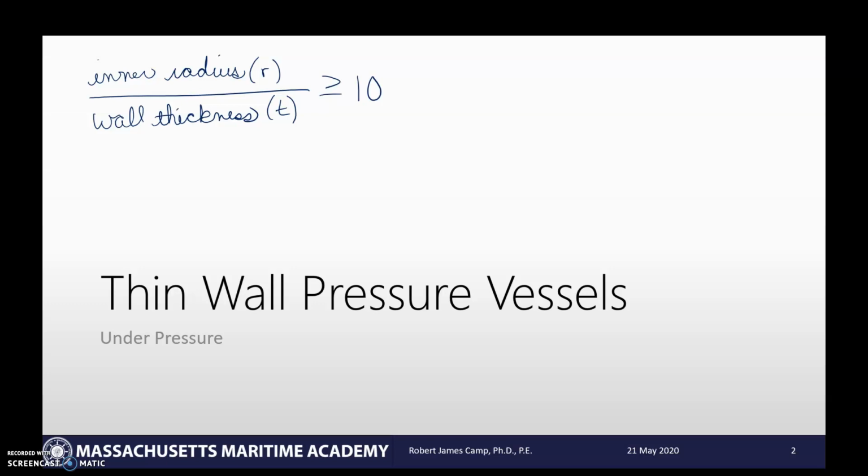Why? Once again, where does that number come from? Why 10? Well, let's look at when we have a radius over thickness ratio equal to 10. This is the level where we've decided the cutoff is: at R over T equals 10, stresses are 4% below theoretical.